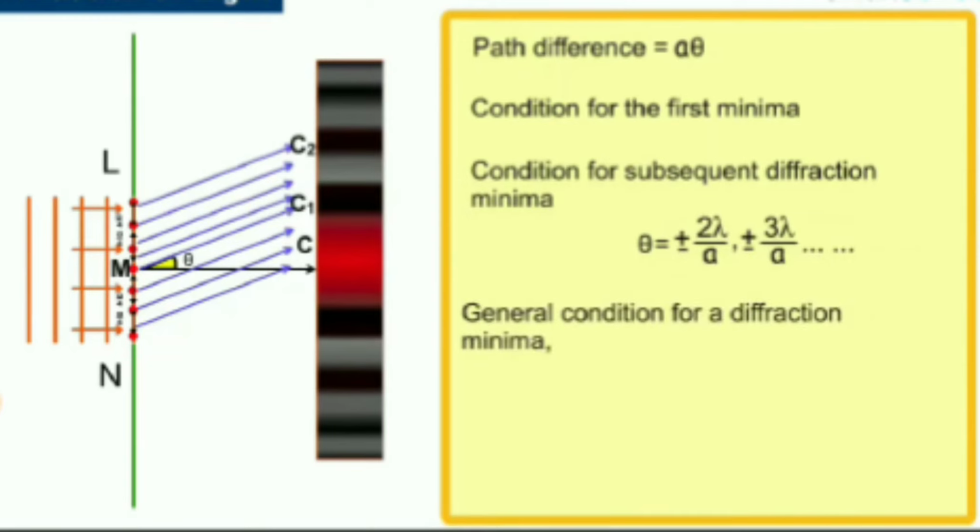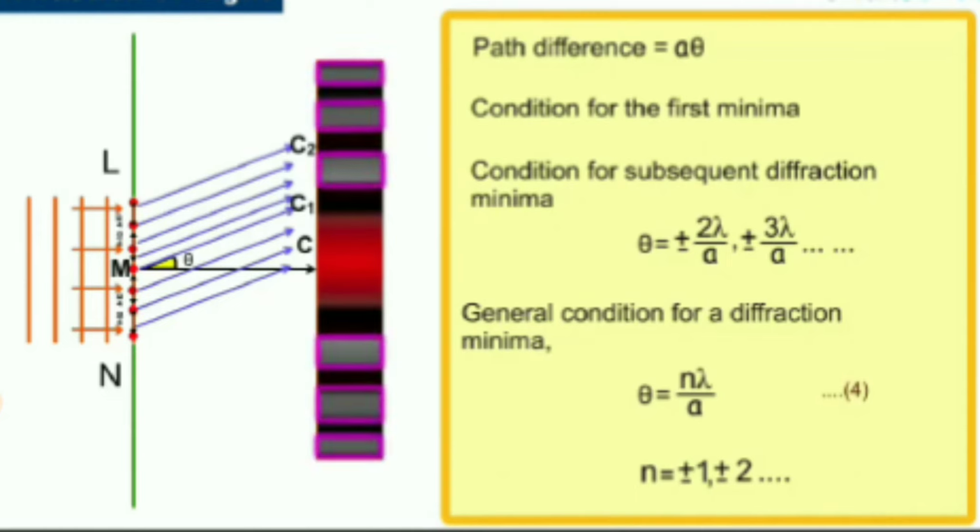So the general condition for a diffraction minima can be written as theta is equal to n lambda by a, where n is an integer. Let us label this as equation 4.